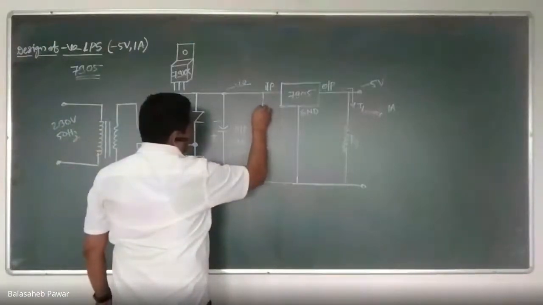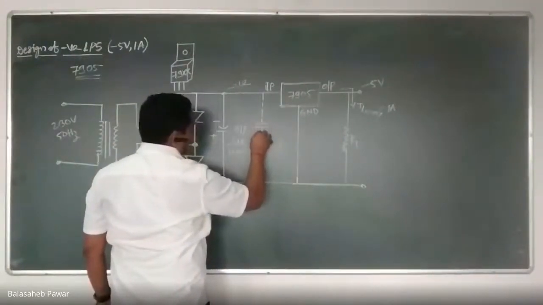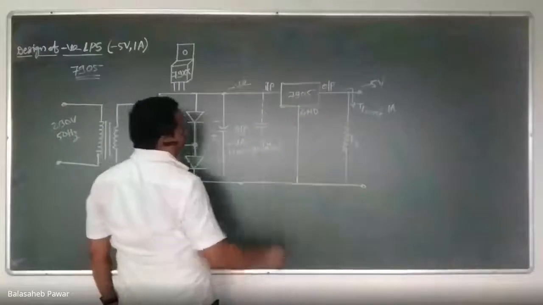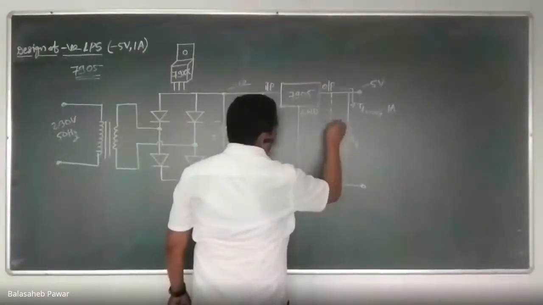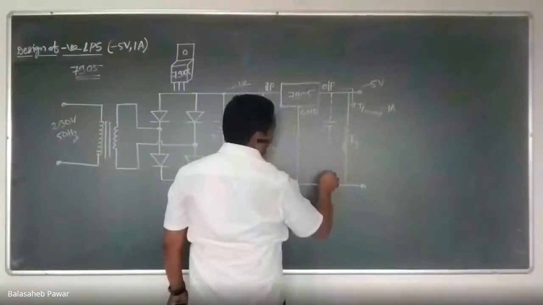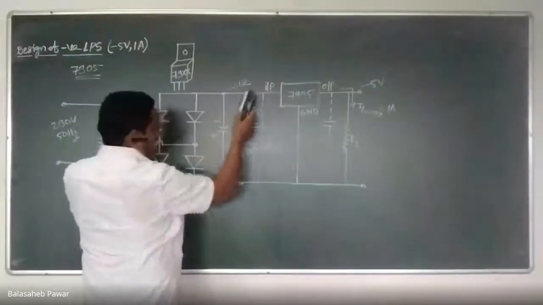Suppose that the unregulated power supply is at a somewhat long distance from the regulator IC, then there is a need of two capacitors at the input as well as the output side to minimize the transients which get induced if that unregulated power supply is at a large distance from the regulator IC.